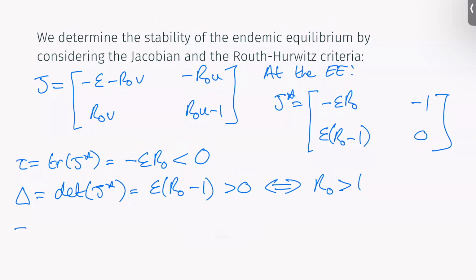So let's consider our discriminant. Our trace squared minus 4 times the determinant is going to be equal to epsilon squared R naught squared minus 4 epsilon times R naught minus 1.